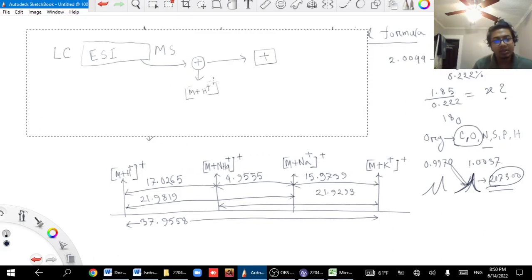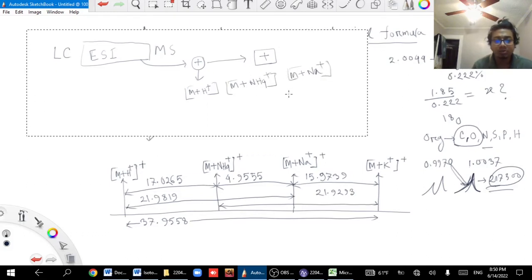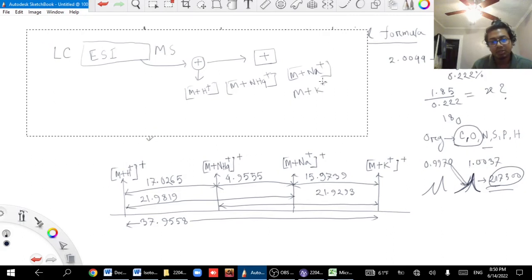or an M plus NH4 peak, or M plus Na, the sodium peak, because this is a monocharged particle, and it could be an M plus K peak.